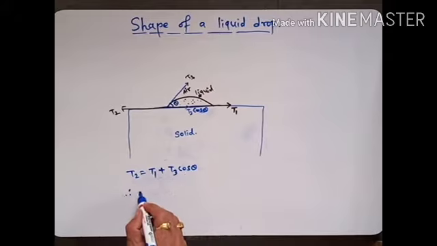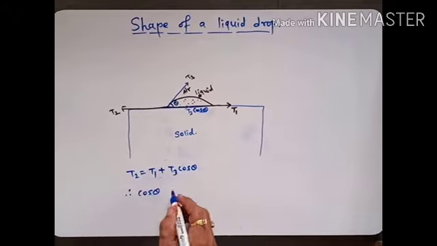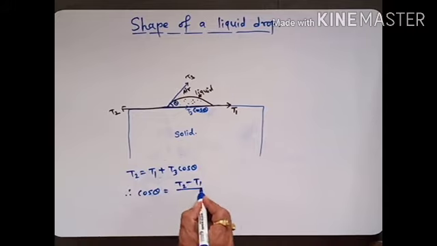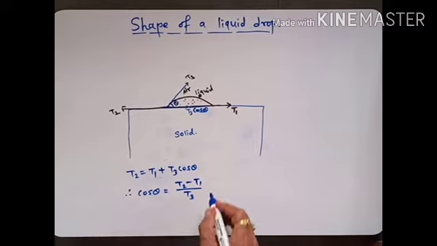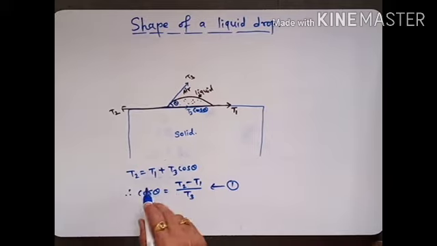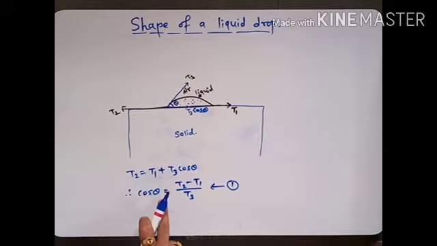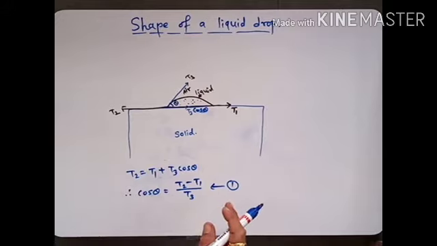Mathematically, cos theta is equal to T2 minus T1 upon T3. Suppose this is equation number 1.